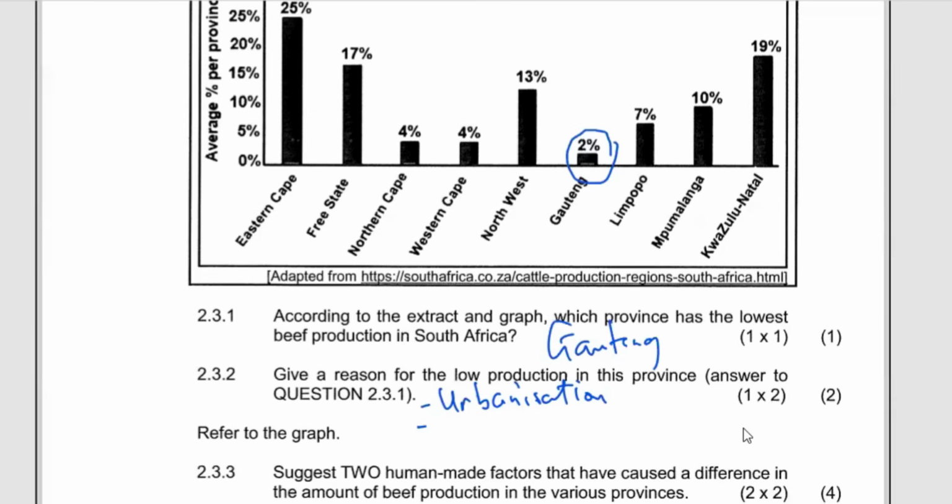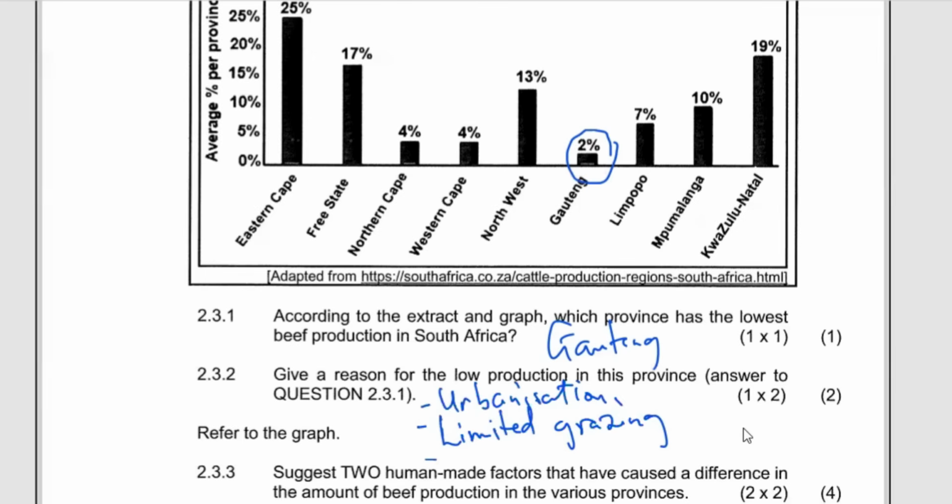Also, you can talk of it being a highly populated province in the country. It also implies that there's limited grazing space. And hence, we cannot keep very large herds because of limited grazing space. It is highly populated, and there's no such space to use for extensive grazing.